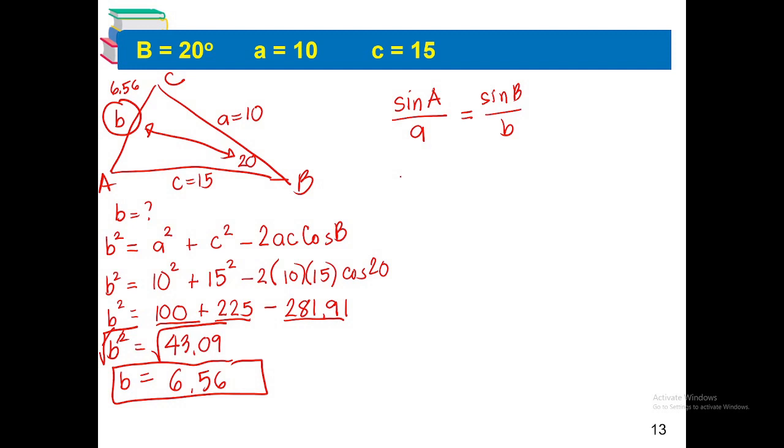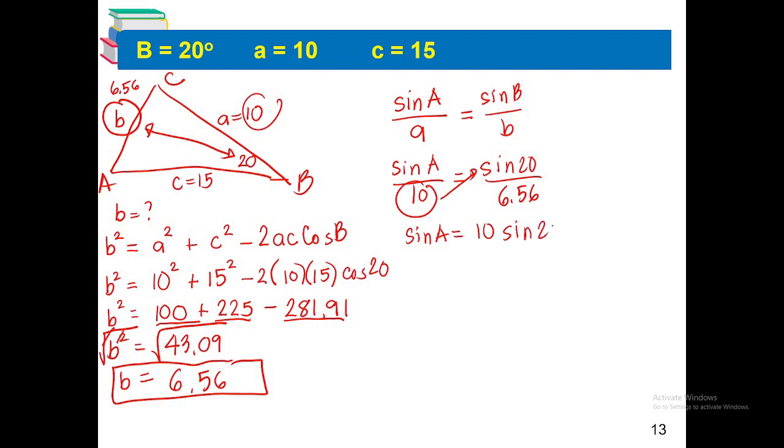So sine A over A, which is 10, is equal to sine 20 over B, that's 6.56. Let's transpose the 10. So sine A is equal to 10 sine 20 over 6.56.